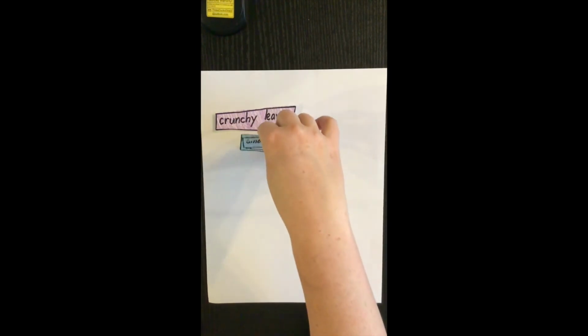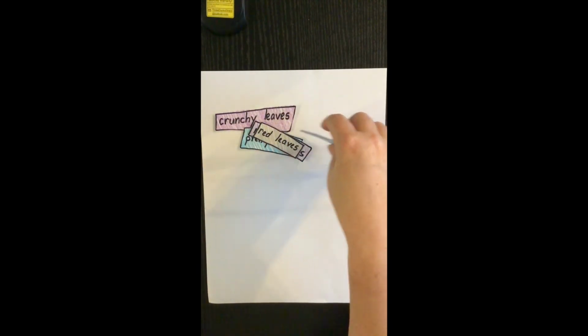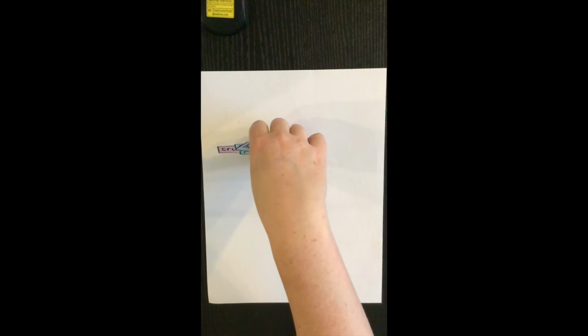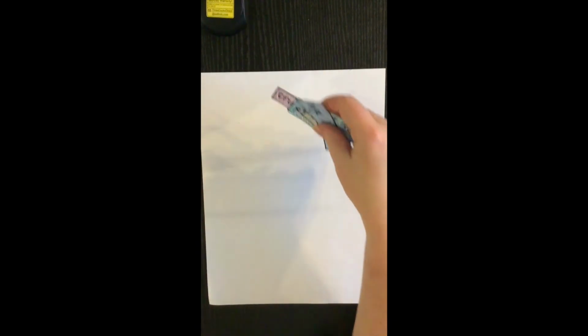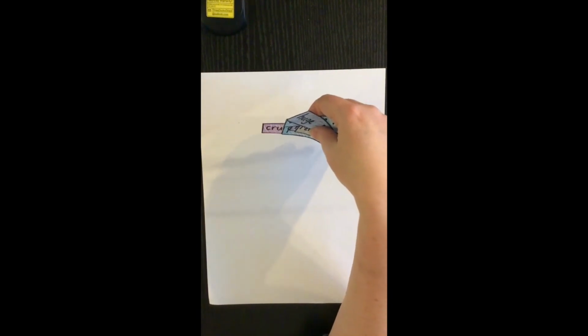So there is a way to turn this artwork into a poem. I cut out my descriptive words, so I have my crunchy leaves, red leaves, amazing leaves, huge leaves, all of that, and that will go on top of my art piece. But if you want to turn this into a poem, I have 3 rhyming lines that either you can copy or you can use some of the words to make your own poem.